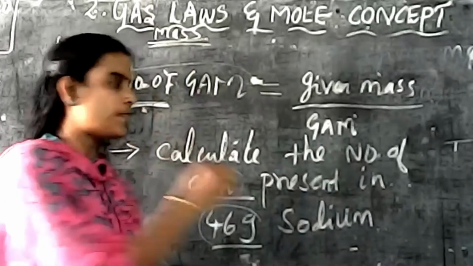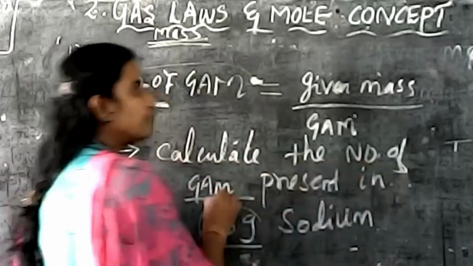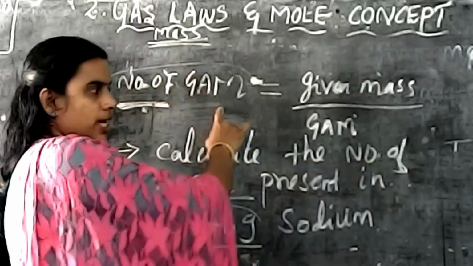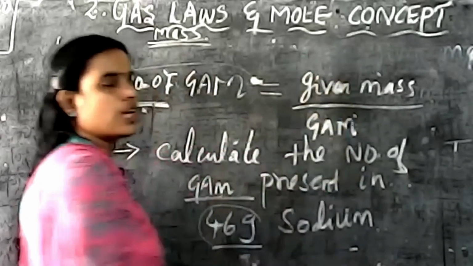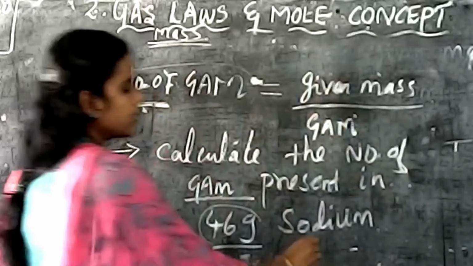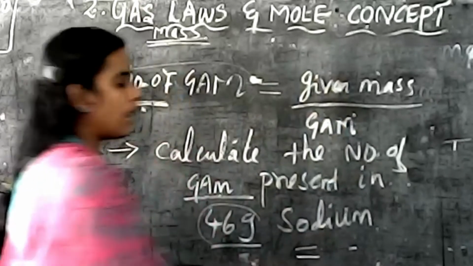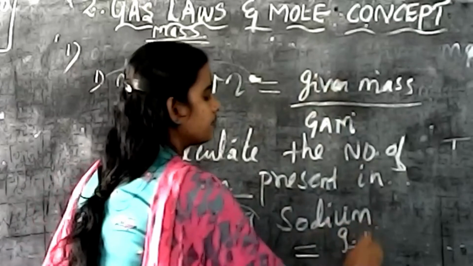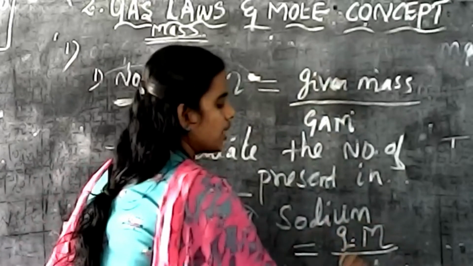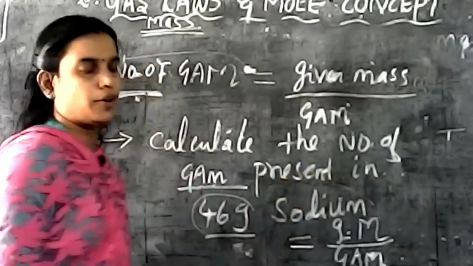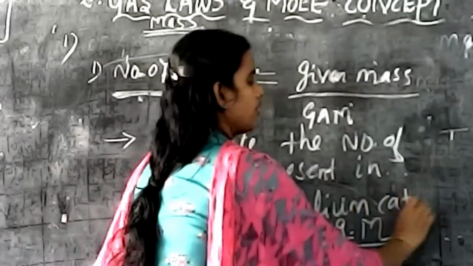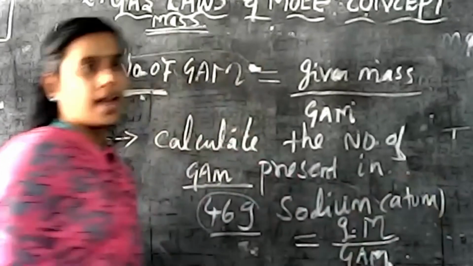What is the formula to calculate number of GAM? We already know the number of GAM is calculated by the formula given mass by GAM, gram atomic mass. Here sodium represents an atom, so we can use GAM.